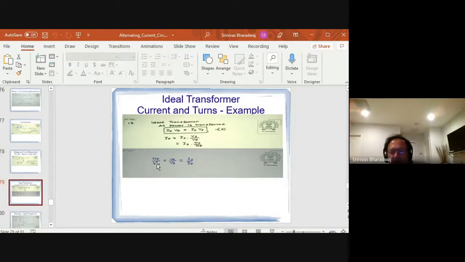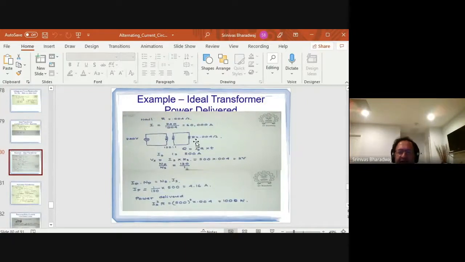Now, in an ideal transformer, all the power from this side, which is Vp times Ip, will become Vs times Is. All the power will be transmitted. But in a non-ideal transformer, that is not the case. As all of you know, nothing is ideal in life. So if you had ideal power, you would have Vp Ip equals Vs Is.